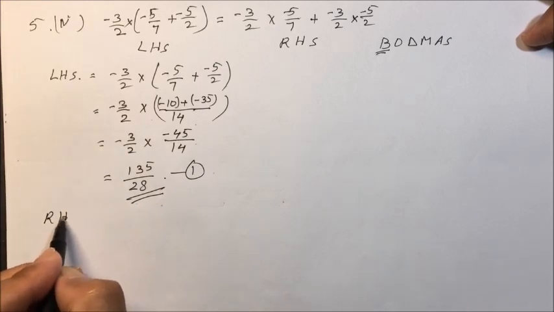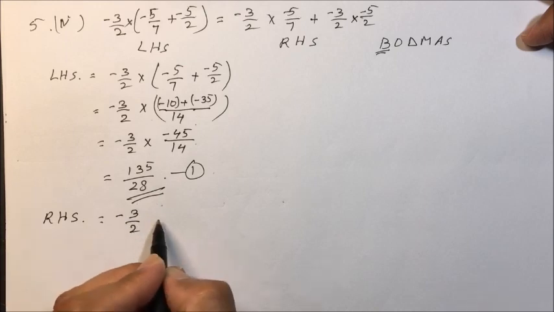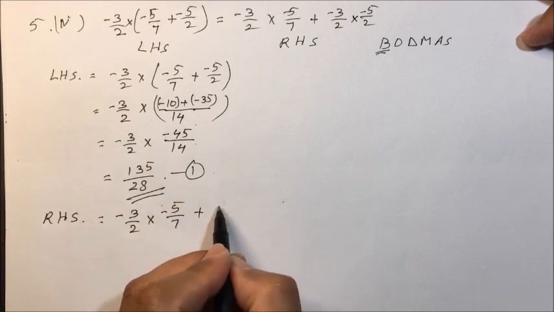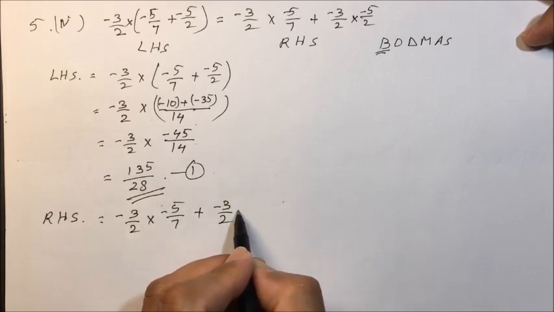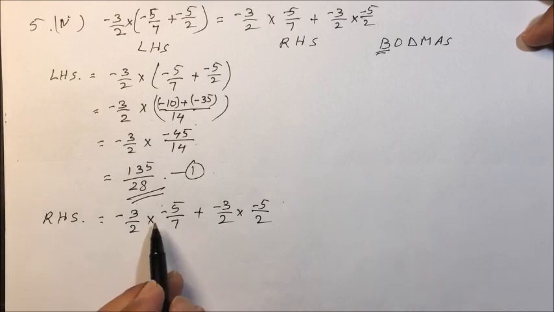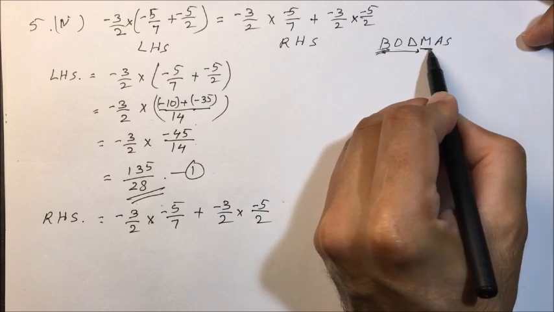Now take the RHS. RHS is minus 3 by 2 into minus 5 upon 7 plus minus 3 upon 2 into minus 5 upon 2. Here if we go with BODMAS, multiplication and addition are there. So first we will multiply, then addition.